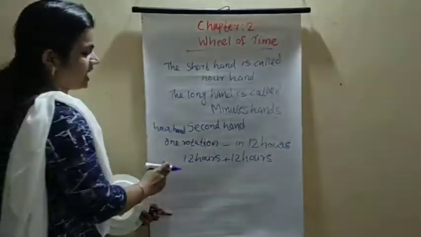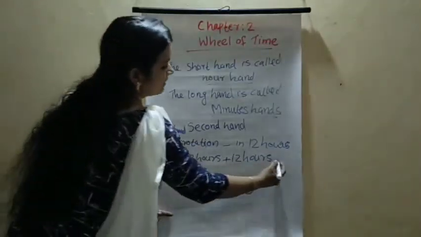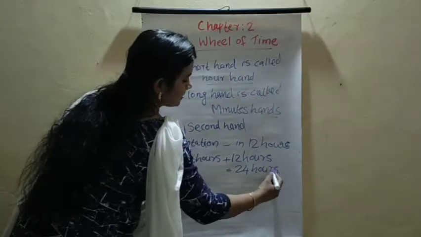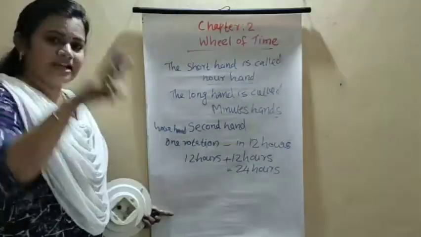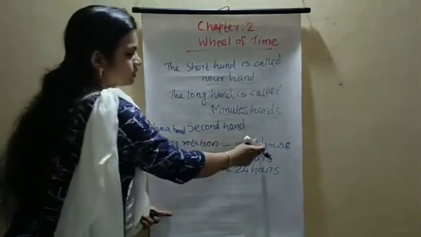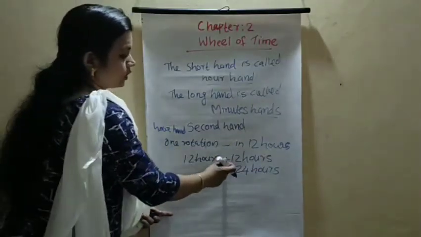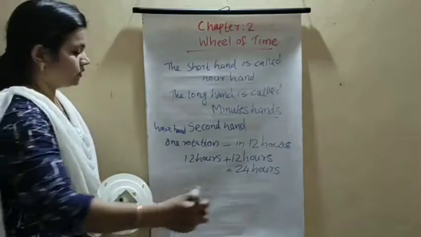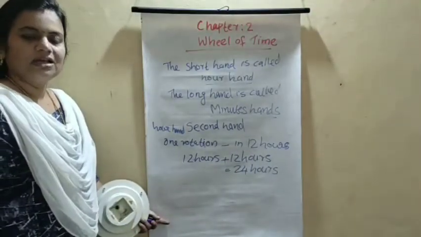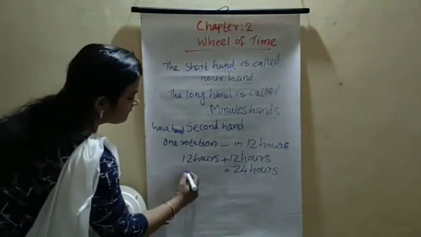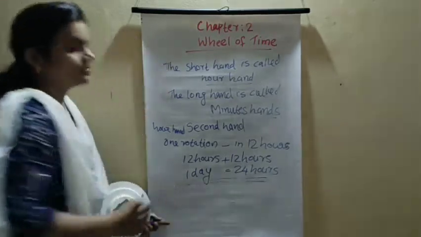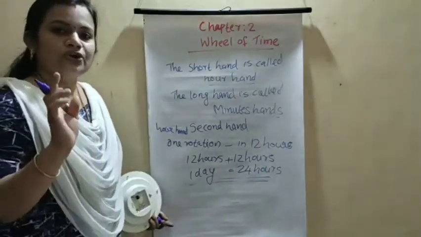So 12 hours plus 12 hours equal to 24 hours. 1 rotation is 12 hours, then again the second rotation is also 12 hours. So we can write 12 plus 12 equal to 24 hours. So we can write 1 day equal to 24 hours.